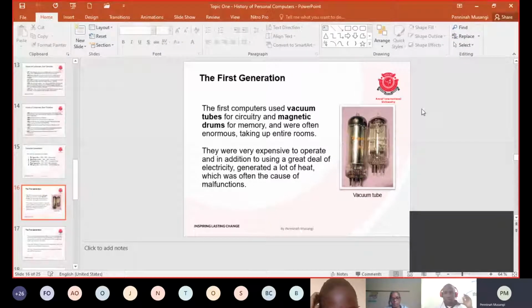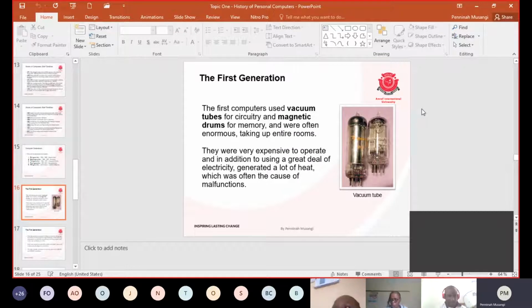In addition, they were very expensive to operate and even to acquire, and they were also using a great deal of electricity. So to power such a computer, it used large quantities of electricity.